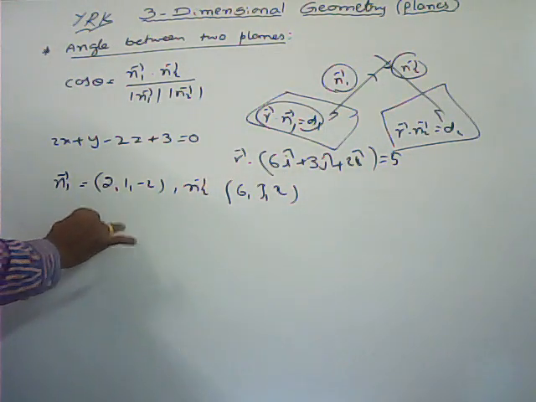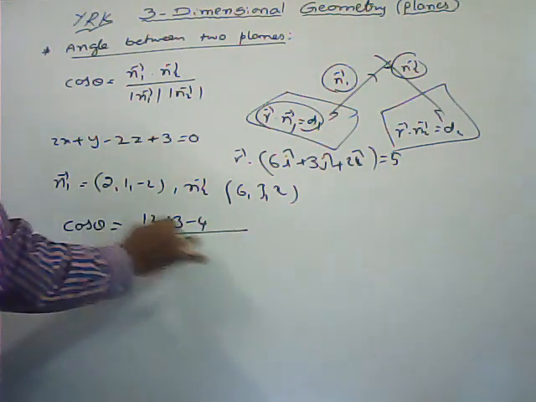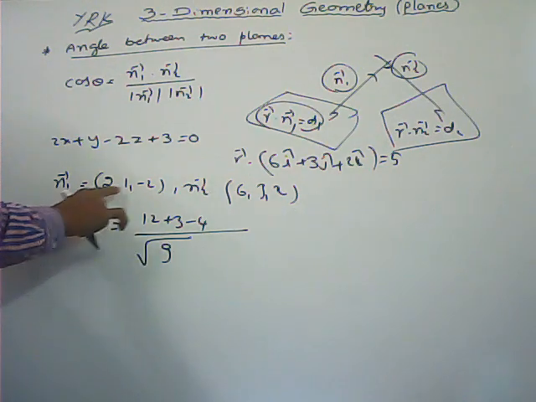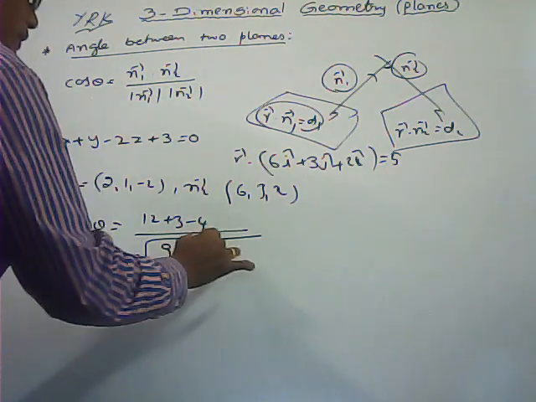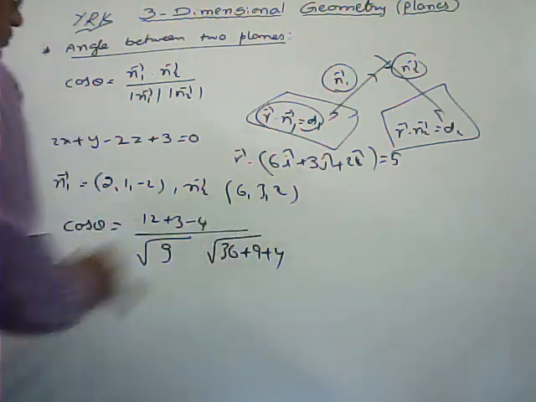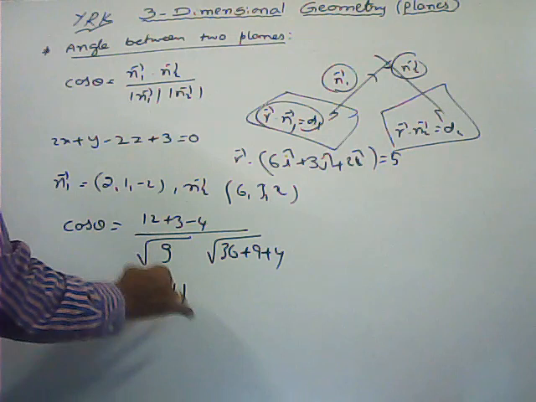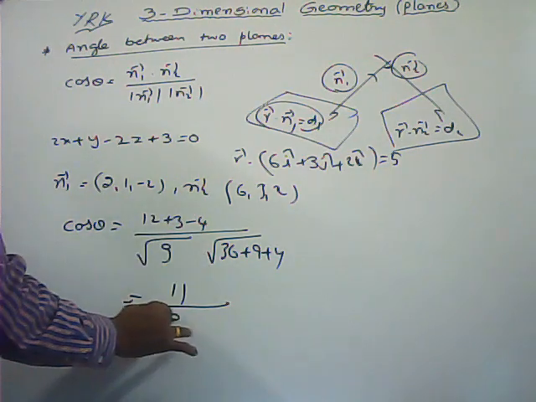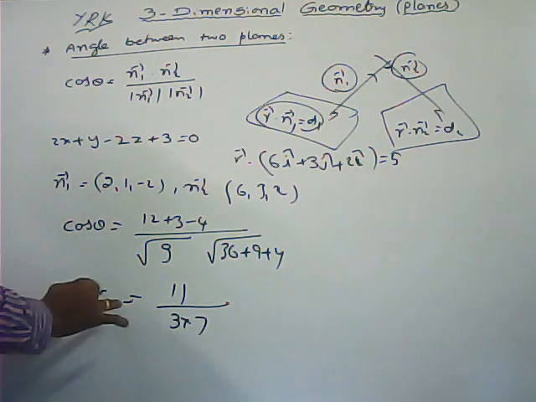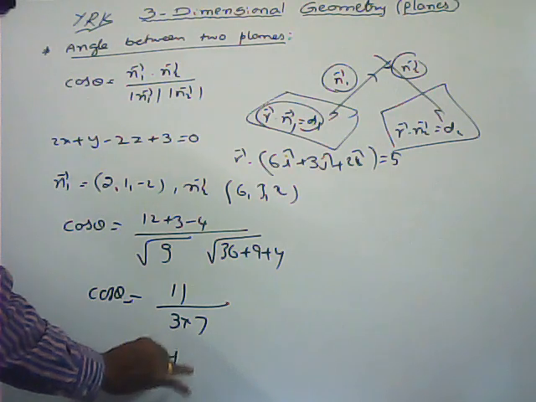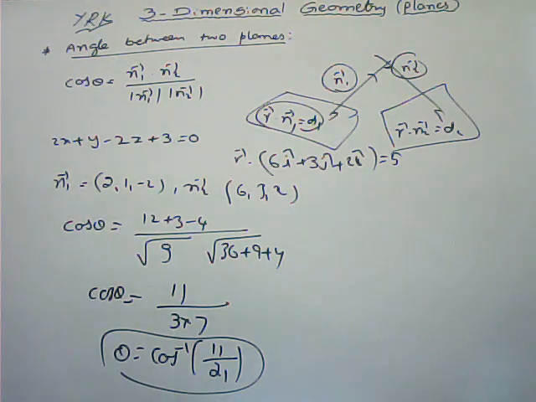Now cos theta is equal to, what is the dot product of these two? 12 plus 3 minus 4, divided by the modulus of this one: 2 square plus 1 square plus 2 square, 4 plus 4 plus 1, 9, so square root is 3. And for the other, how much are we getting? 36 plus 9 plus 4, that is 49, square root of 49 is 7. So 12 plus 3 minus 4 is 11, over 3 into 7, 21. Cos theta is equal to 11 by 21. Theta is equal to cos inverse 11 by 21. This is the angle between the given two planes.